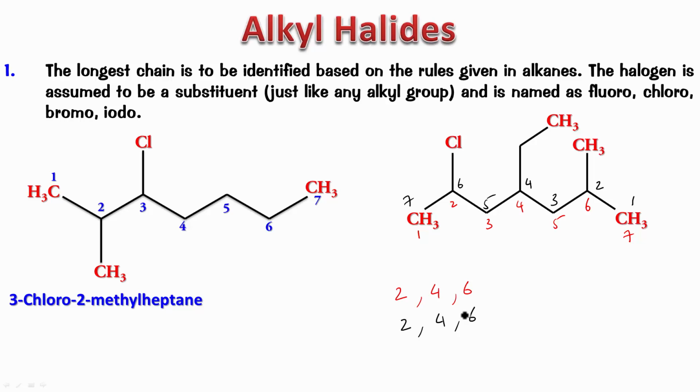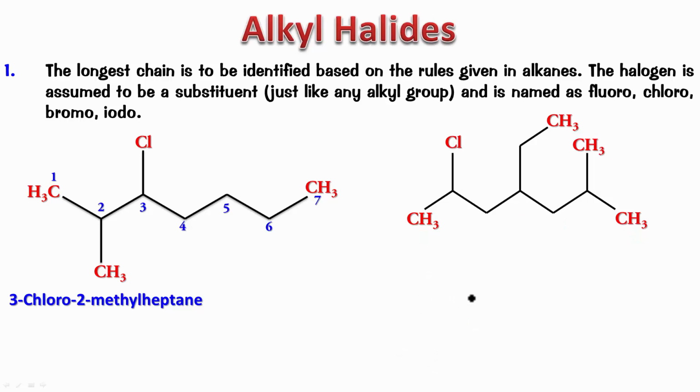So when there's a choice in numbering, we must give the preference based on the alphabetical order. Which is the one that is getting 2 here? This 2 is for chloro, and this 2 is for methyl. Chloro comes before methyl in alphabetical order, so we choose the red numbering.